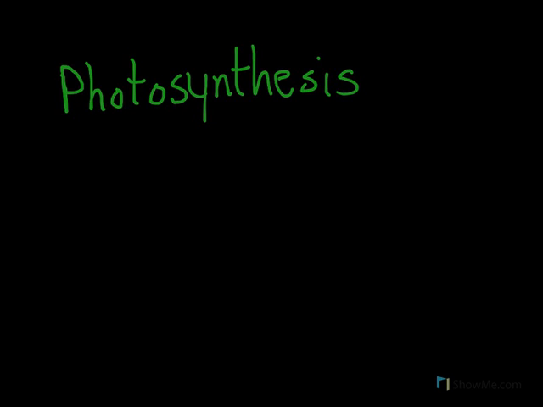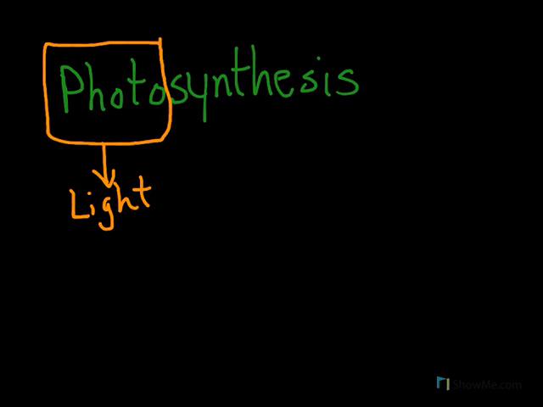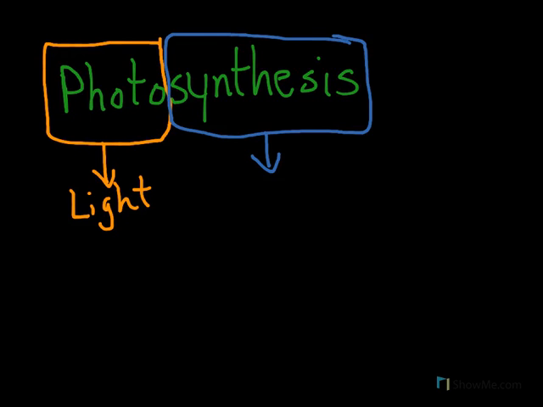Alright, so let's get started with what does photosynthesis literally mean? Well, we have to first start with the prefix photo, meaning light. So photo is light. And synthesis is to make more complicated or make bigger.